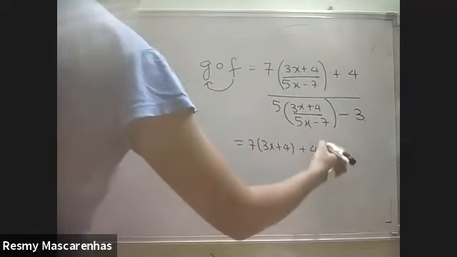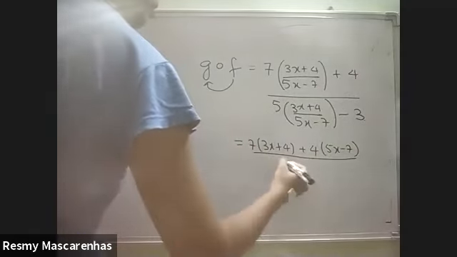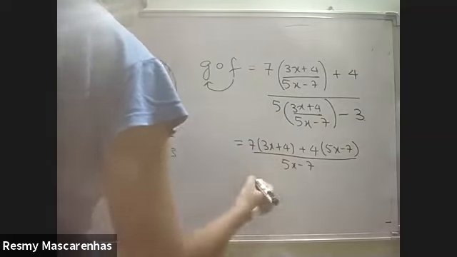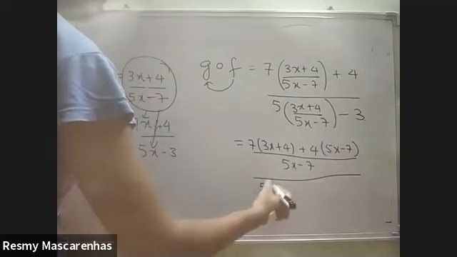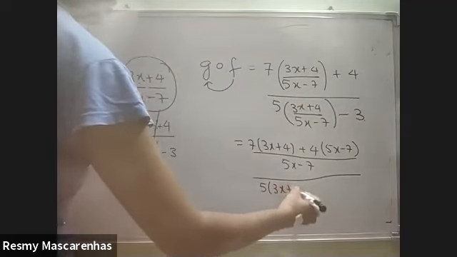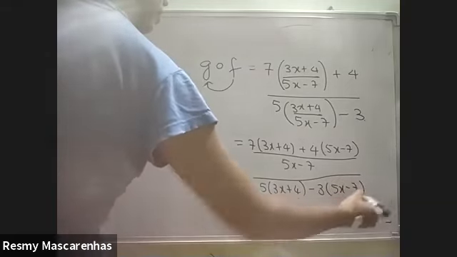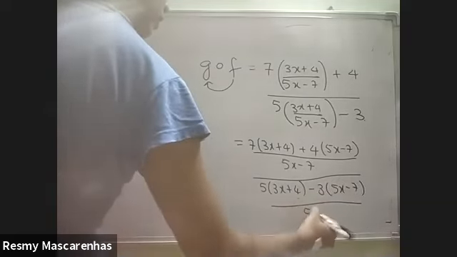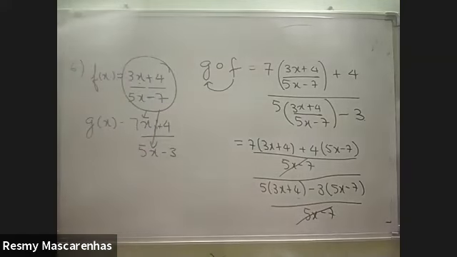This will go up, upon again cross multiply, and alternate will cancel. Okay, now open up the bracket and simplify.